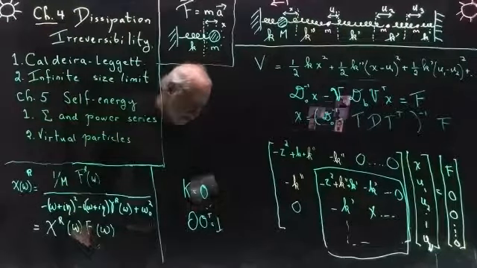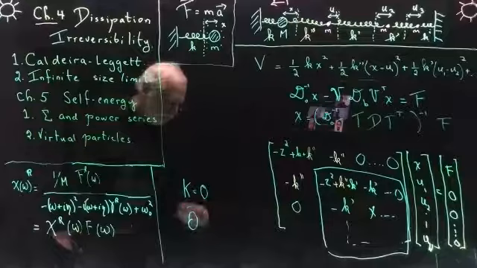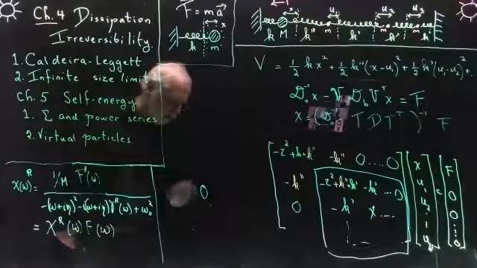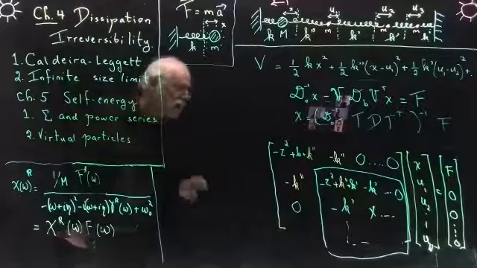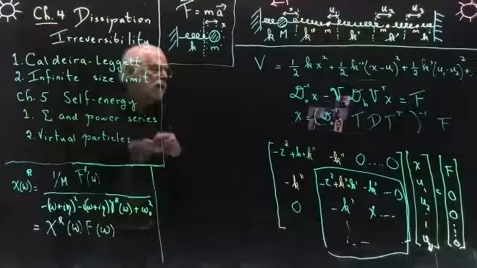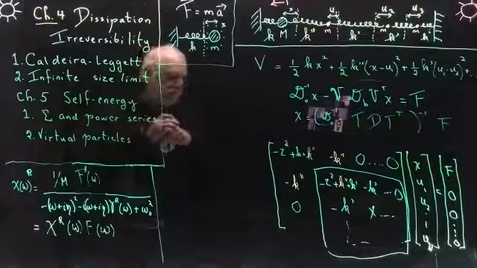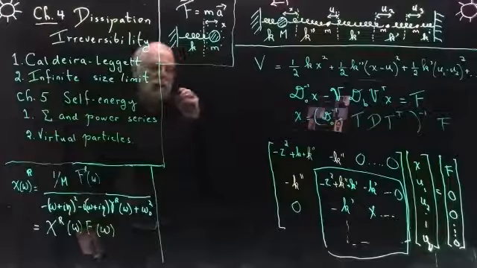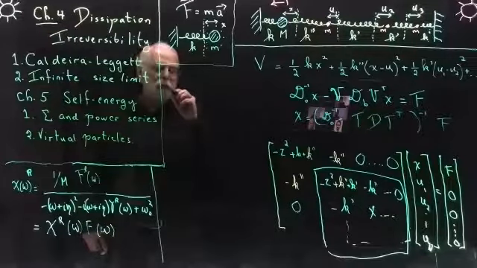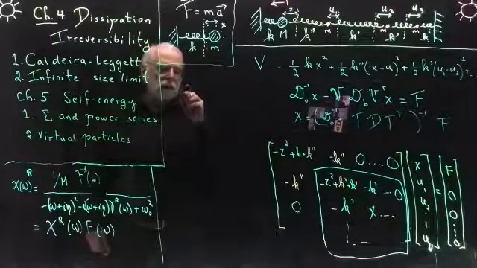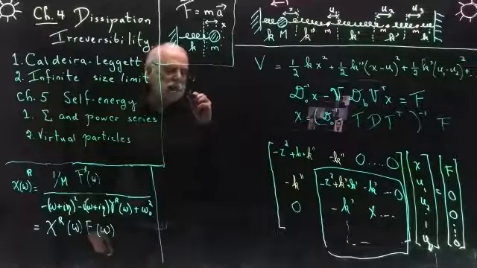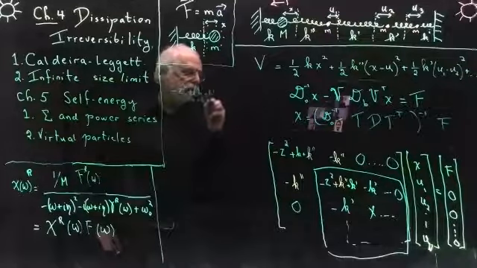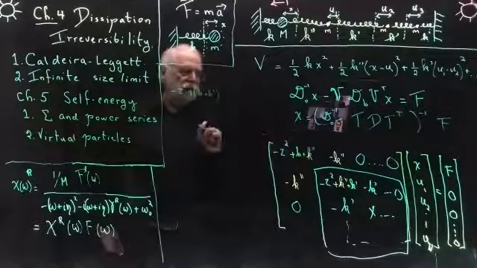So the inside here is equal to minus z squared plus k prime. So that's this element.